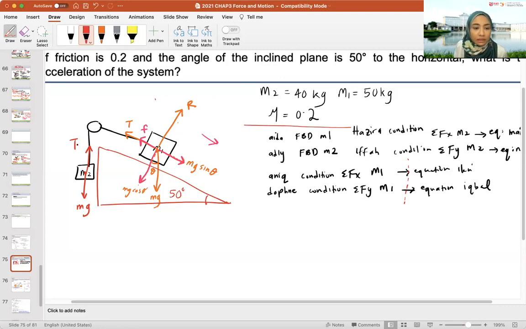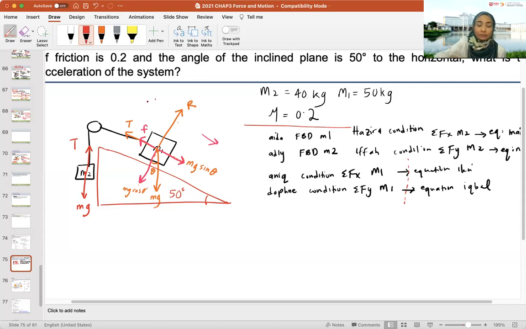So tension dekat awak punya mass ni adakah sama dengan tension untuk free body diagram Aida? Berbeza ke sama? Sama kot. Sebab? Sebab dia tergantung.